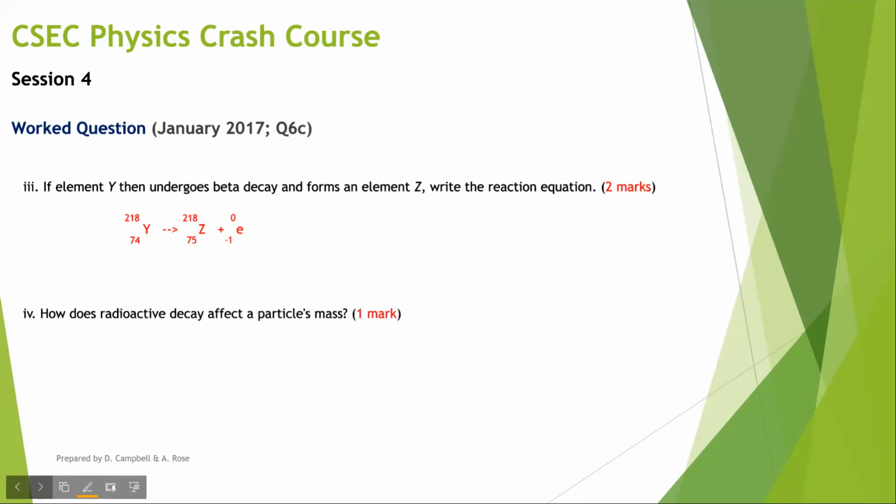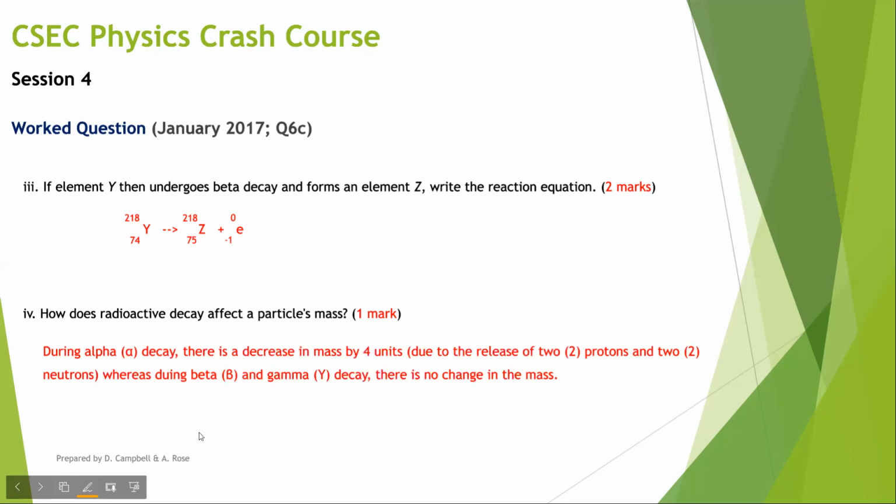So finally, we are asked to describe how radioactive decay affects a particle's mass. Now, I assume that the question is asking about the mass of the particle that has undergone decay.